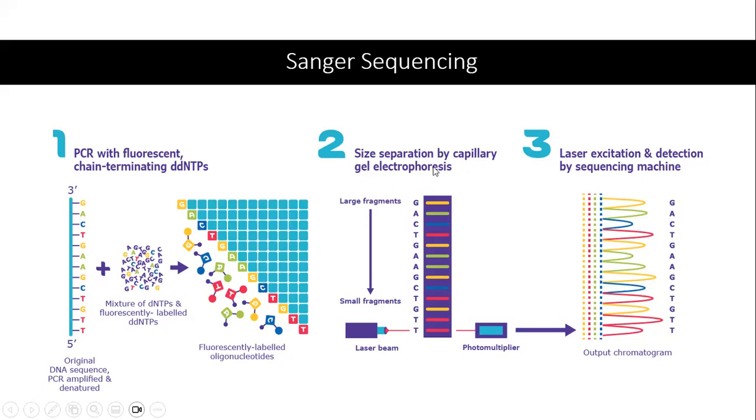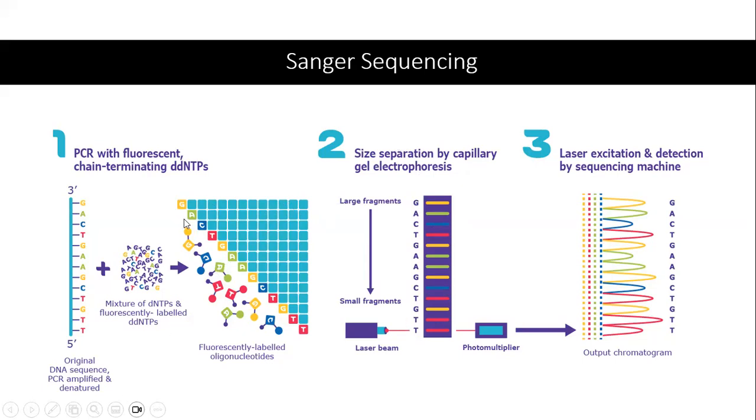Then through gel electrophoresis, remember the theory we just did, the smaller ones would travel longer. So the longer chain would stop here, and this one is the shorter chain, so it would travel further. That is the way that you would basically sequence the DNA sample that you had in. So it's based on the size.